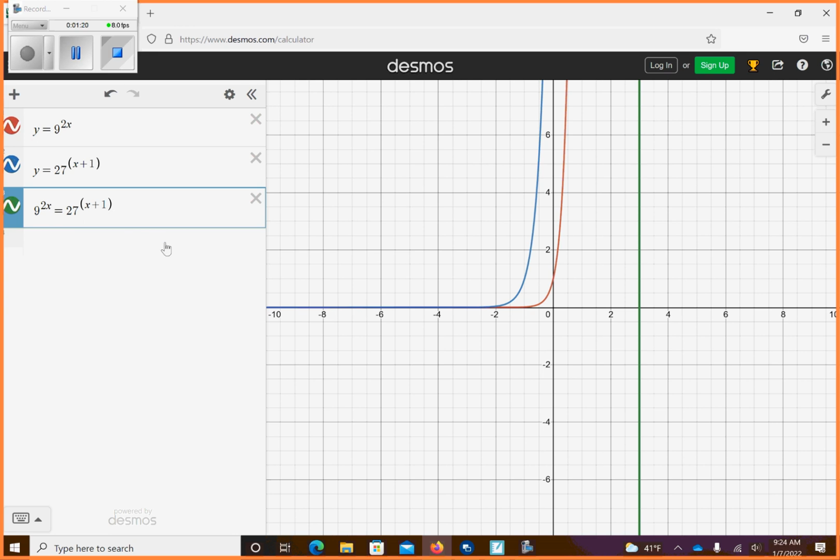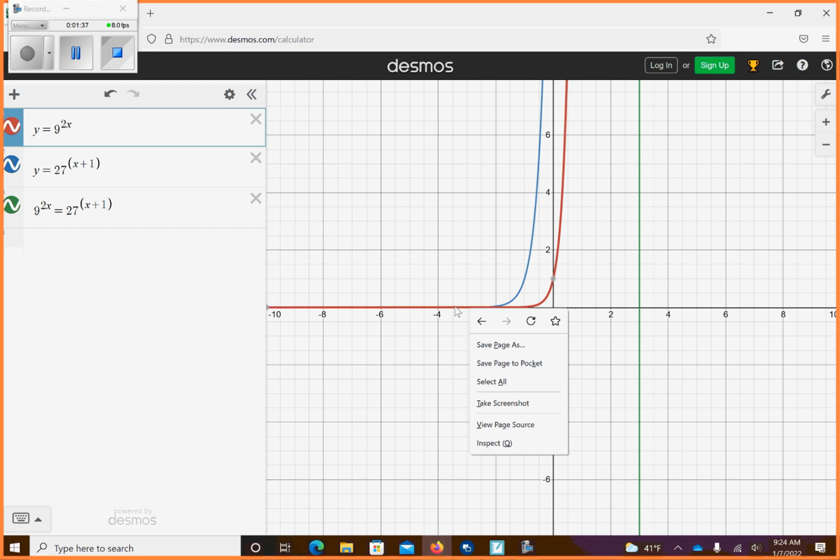Did I type them in right? So here is a question. Did I type them in both right? Yeah. So why did we get one of the answers over here to be 3 or negative 3? And then when I type it in the other way, equals 27 to the x plus 1.